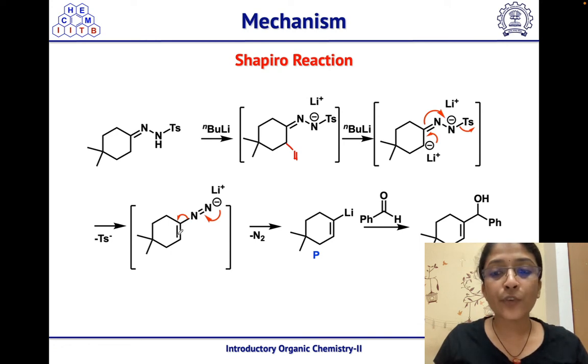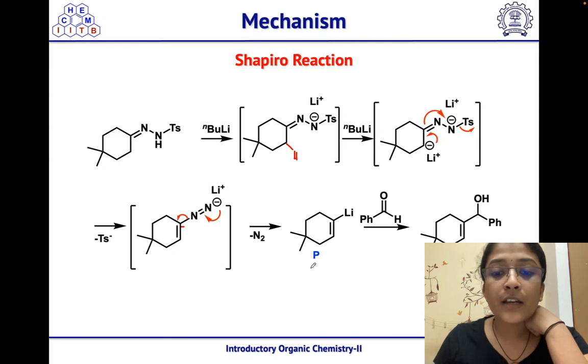Here a double bond is formed. The double bond on this carbon nitrogen will break and a double bond is formed between these two nitrogens. Now once the negative charge on this nitrogen falls down, this bond will migrate and a negative charge will be generated here. One molecule of nitrogen will be eliminated.